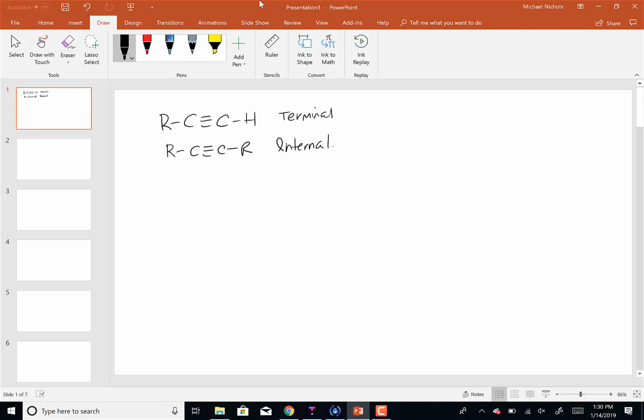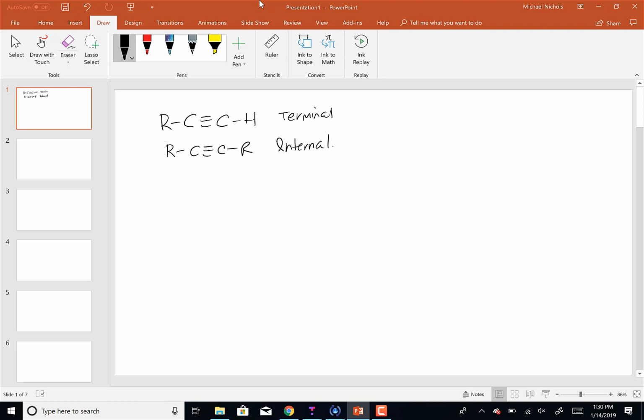Internal. Okay, why is the internal one more stable? Josh? There's a concentration of electrons that are able to stabilize bonds from the alkyl on each side as compared to only one in the terminal.